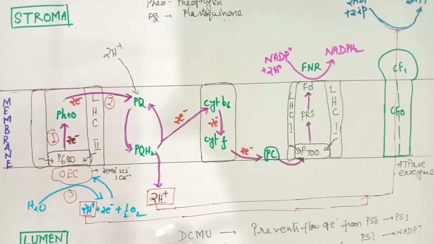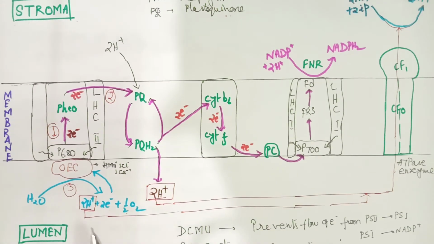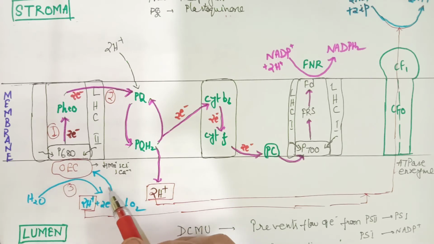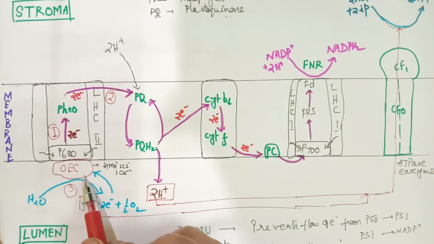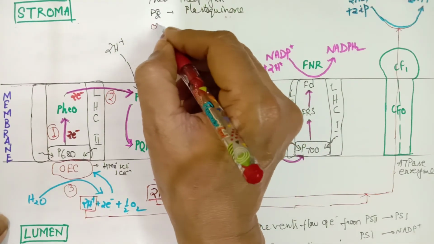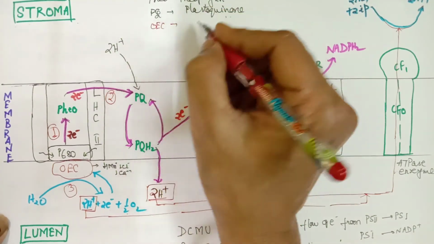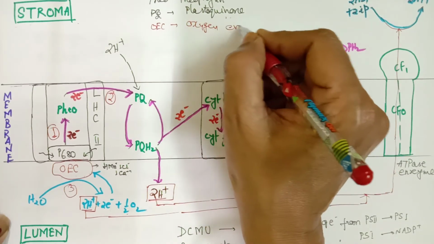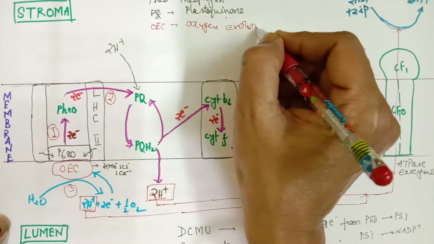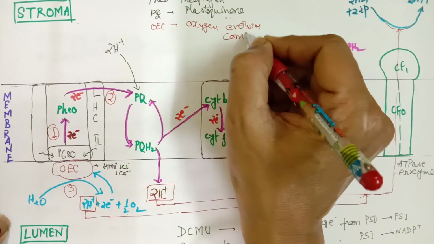This is taking place in the lumen of thylakoid. The electrons which are released due to photolysis pass through the oxygen evolving complex. OEC is called oxygen evolving complex.